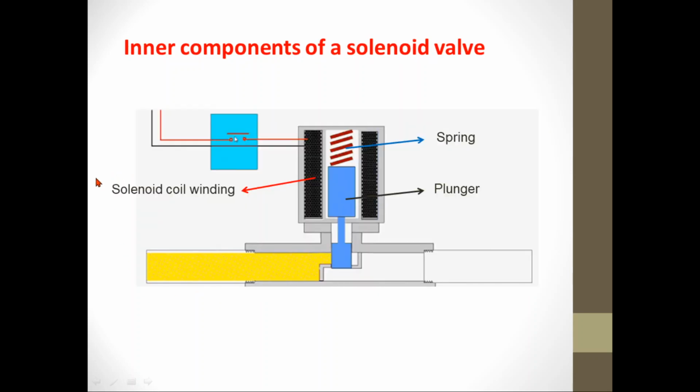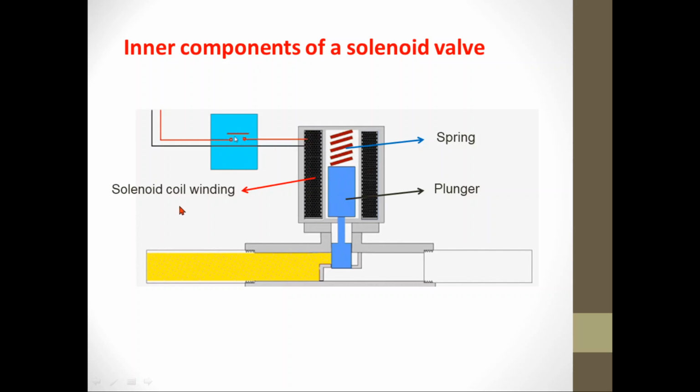The inner components of a solenoid valve are as follows. You have the solenoid coil, the black part, which represents the wire that is being wound.